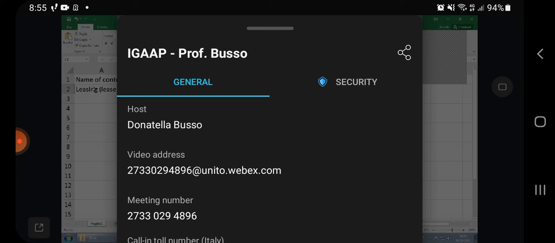Yes. So this is a leasing according to IFRS 16. This is the easy part because for lease, the form coincides with the substance.